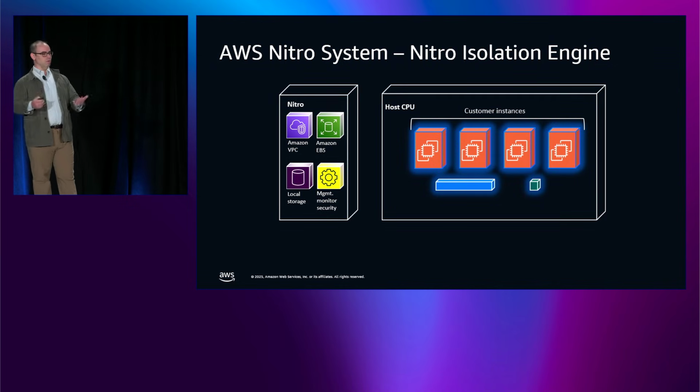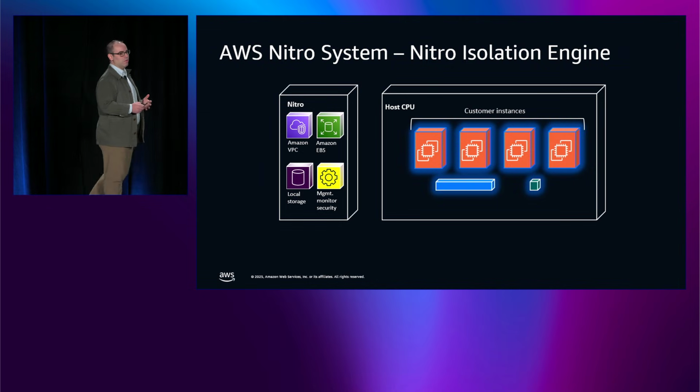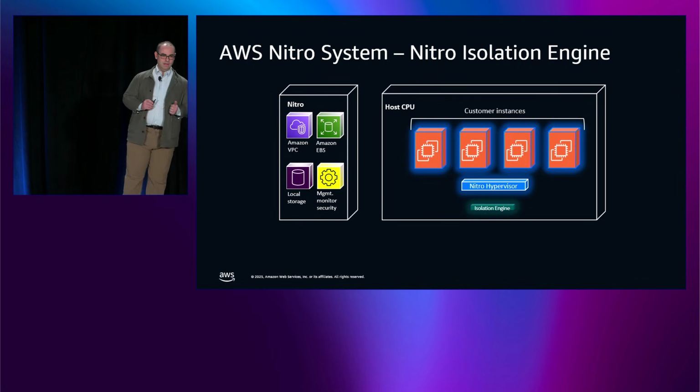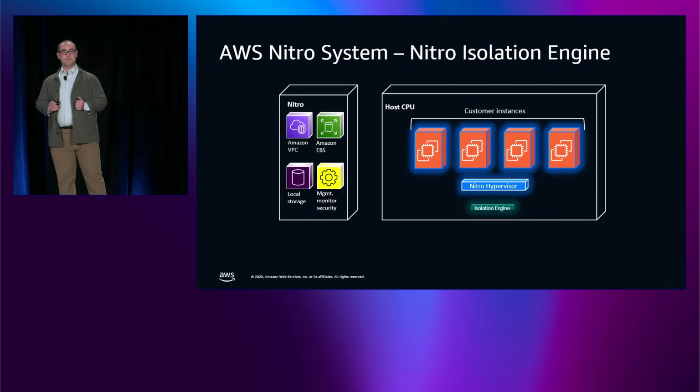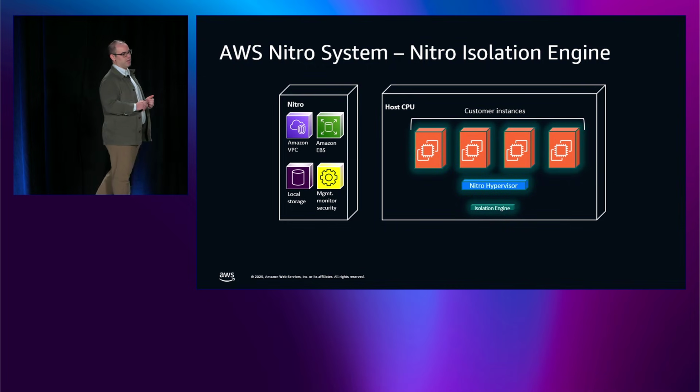It demotes the role of the Nitro hypervisor and steps into a supervisory role, being responsible for controlling all confidentiality in the system. The Nitro Isolation Engine is therefore responsible for all of the isolation, both between customer instances and between customer instances and the Nitro hypervisor.